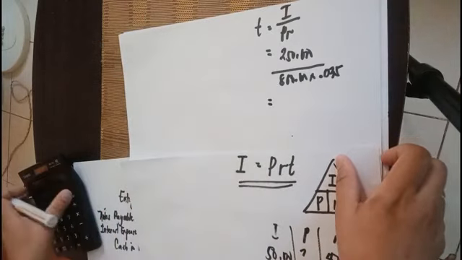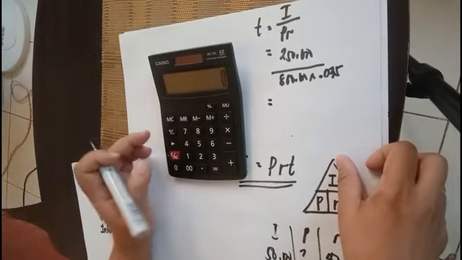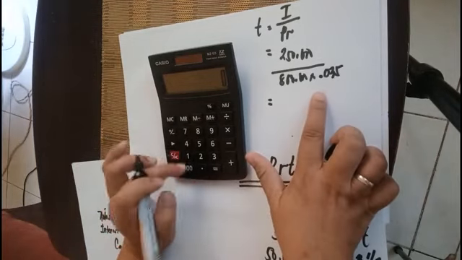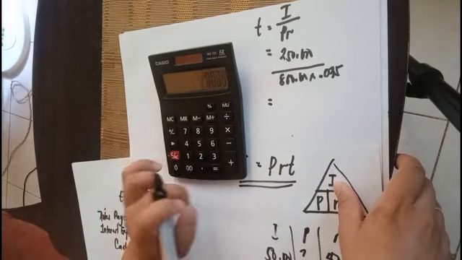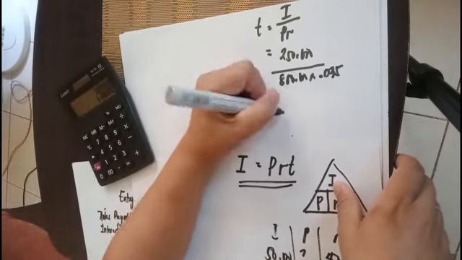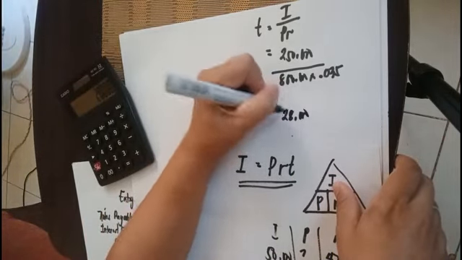Again, you need to compute the denominator portion first. So we have 800,000 multiplied by 0.035, which is 28,000. So the denominator is 28,000.